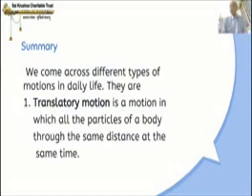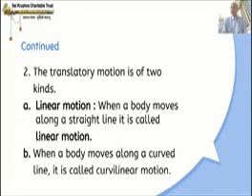Now here is the summary of the video. We come across different types of motions in daily life. They are, number 1, translatory motion. Translatory motion is a motion in which all the particles of a body move through the same distance at the same time. That is translatory motion.